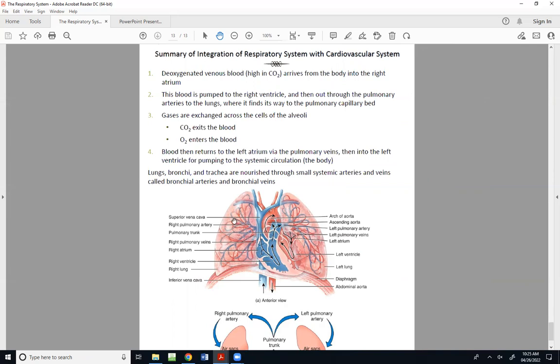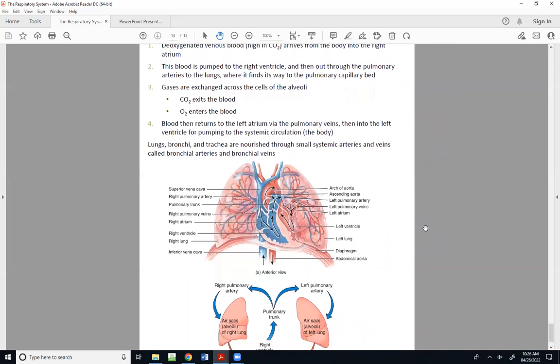From there, the pulmonary arteries branch to form the pulmonary capillaries, and that's where gas exchange occurs. CO2 exits the blood, O2 enters it. Then the blood comes back via the pulmonary veins, which is why you see those colored red. They're carrying oxygen-rich blood. And then we pump that blood out through the left ventricle into the aorta to be distributed throughout the body.